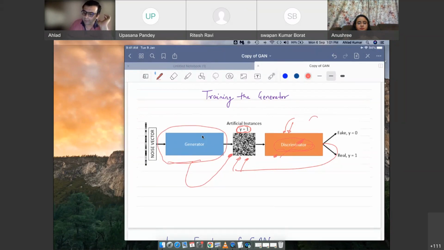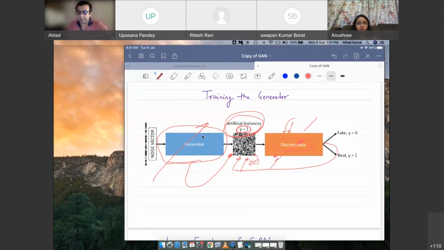But if the discriminator can detect that this is not the real image, it's a fake image, then you have to train the generator again in a proper way, so that you can create the image in such a way that even if you put a label of y equal to 1 on it, the discriminator fails to identify it.